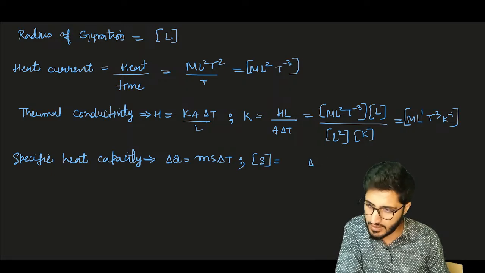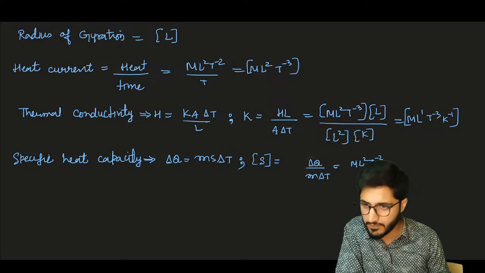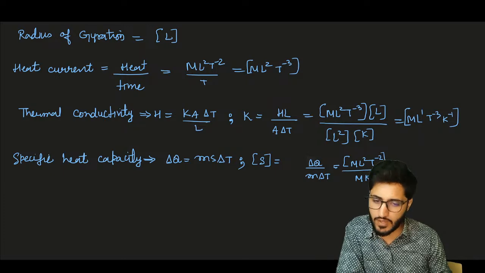S would be delta Q divided by M delta T. Q would be ML2T^-2, a form of energy, and M is mass, and temperature is Kelvin. So I can write M0 L2 T^-2 K^-1.